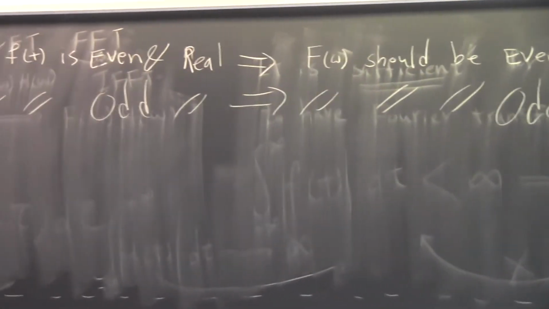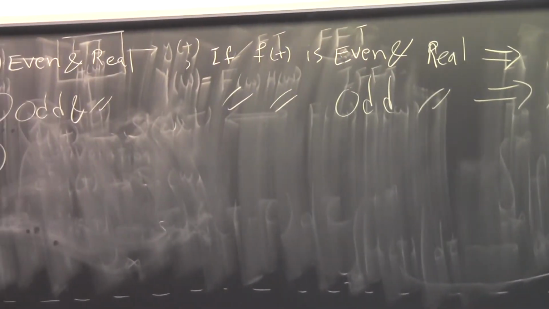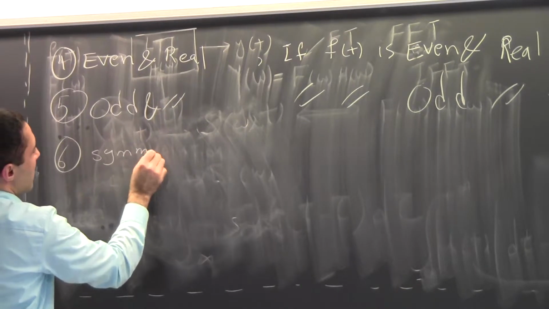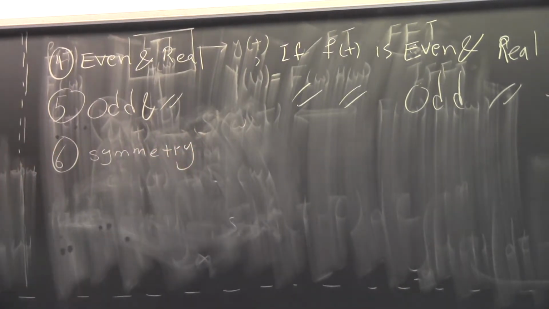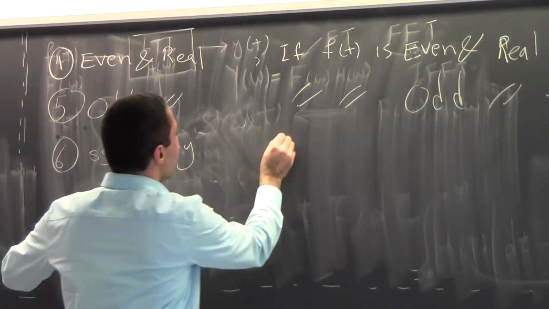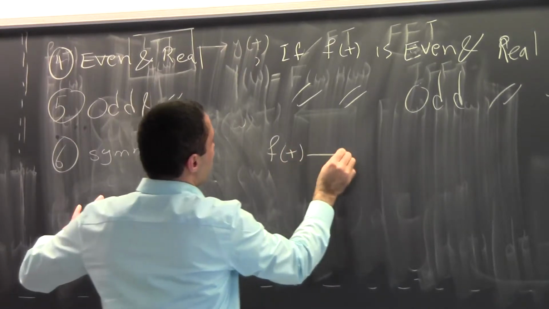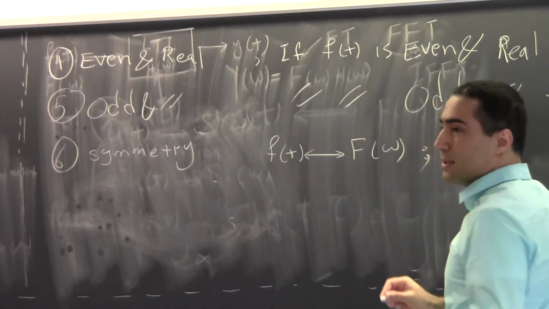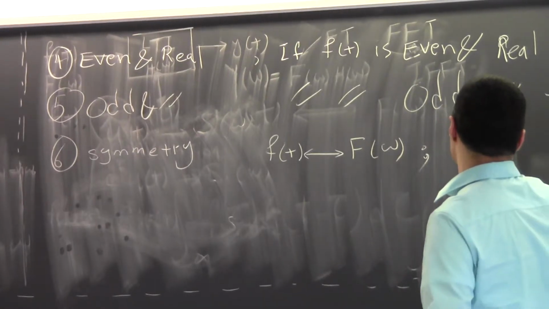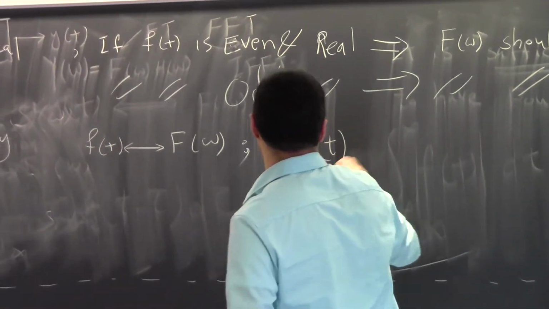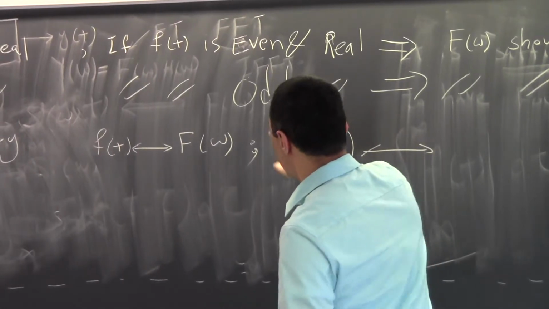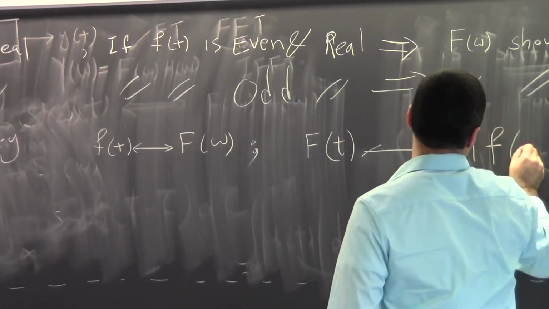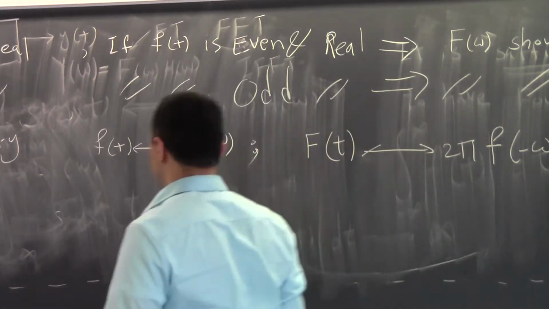Sixth property is symmetry. This is very important and a little bit confusing. So if you have f(t), which provides you with F(omega), make sure you understand this one. It's a bit difficult. F(t) is going to be 2 pi F(-omega).